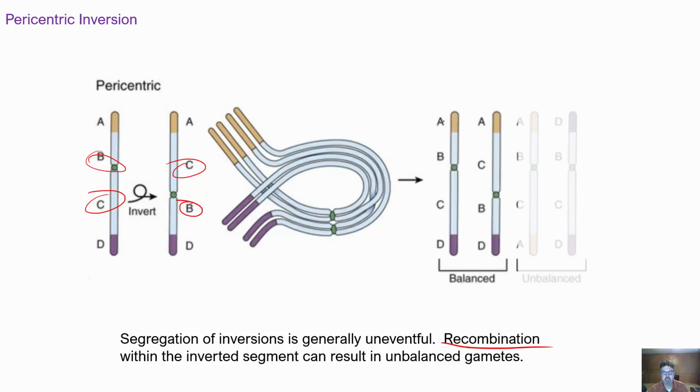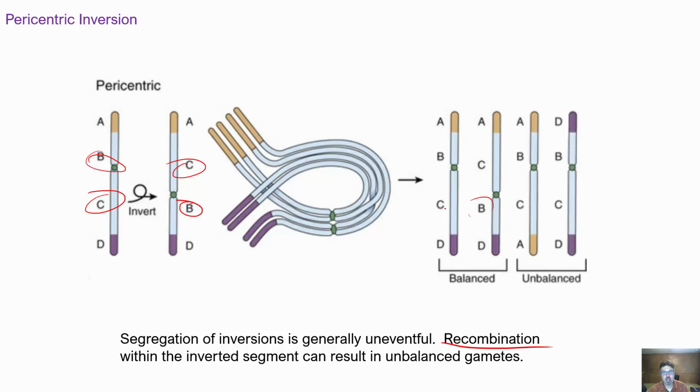And so now what we'll see here is that we get this recombination, and the recombination can either be balanced. So once again, we have A, B, C, and D, just like you would in the normal. But we could also have this A, C, B, and D, where B is now on the other side of the centromere. It's now on that P arm over here. But now you can see we still have the complete set of genetic information. So that's going to be a balanced inversion.